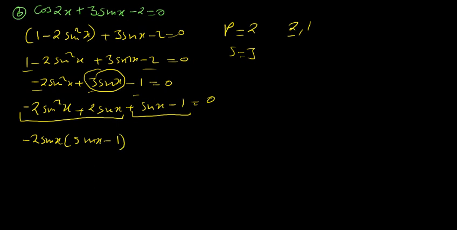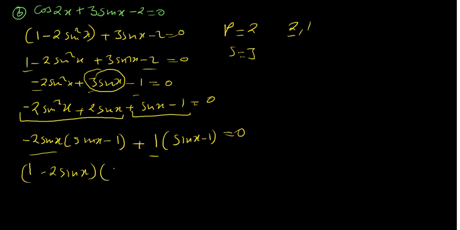And then from the second part, for us to factorize, what is common there is simply a 1. So that still remains sin x minus 1, and that is going to be equal to 0. So we put those which are outside together, we get the 1, and then we get this minus 2 sin x. And then we get what is inside, that is a sin x minus 1, and that is going to be equal to 0.